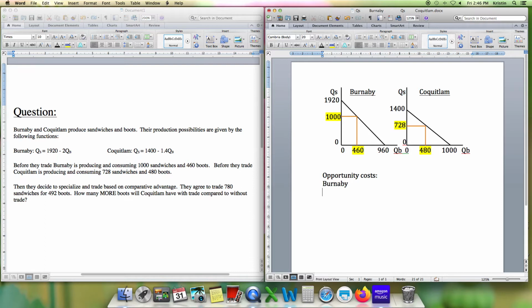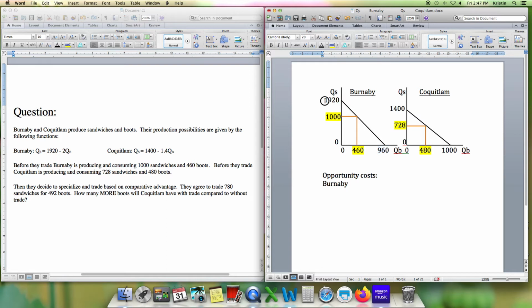We'll start with Burnaby. If they want to make boots, we can use these numbers here. They could make a total maximum of 960 boots, but to do that, they would have to not make any sandwiches.